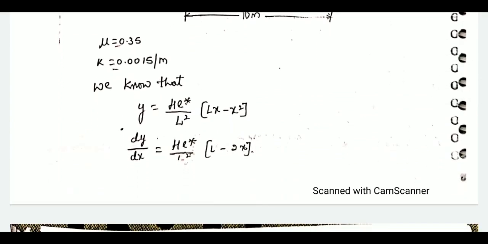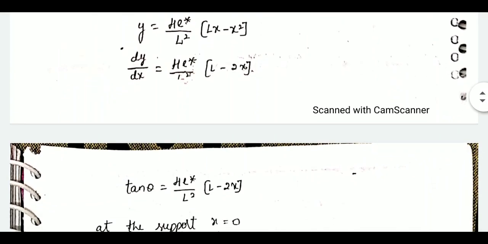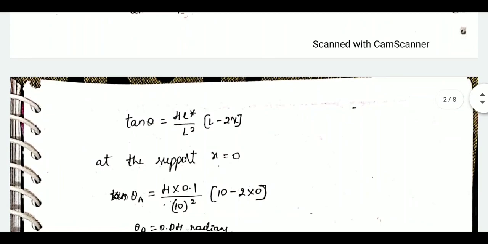To calculate the slope, we have the first derivative dy by dx equal to tan theta. So differentiate this with respect to x. dy by dx equals 4 E star by L square is constant, keep it as it is. So L into x, the differentiation of x is 1, x square is 2x, so L minus 2x. Here tan theta equals 4 E star by L square into (L minus 2x).